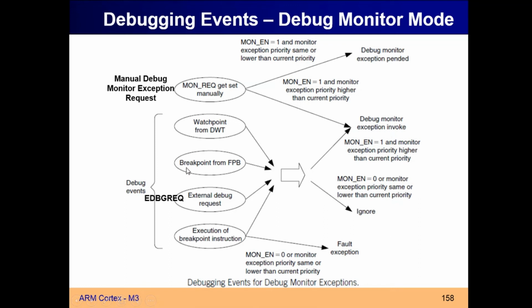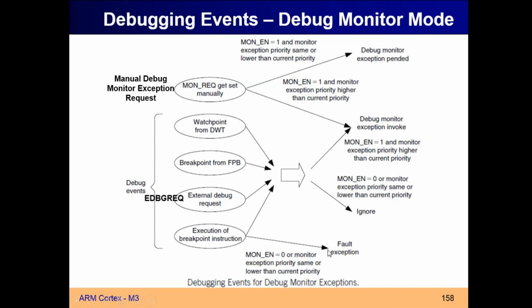Then similarly for the breakpoint, for the external debug request also, and for the execution of a breakpoint instruction also. If monitor enable is 0, it will be ignored. Right? And if monitor enable is 0 and it has lower priority than the current interrupt, what will happen?